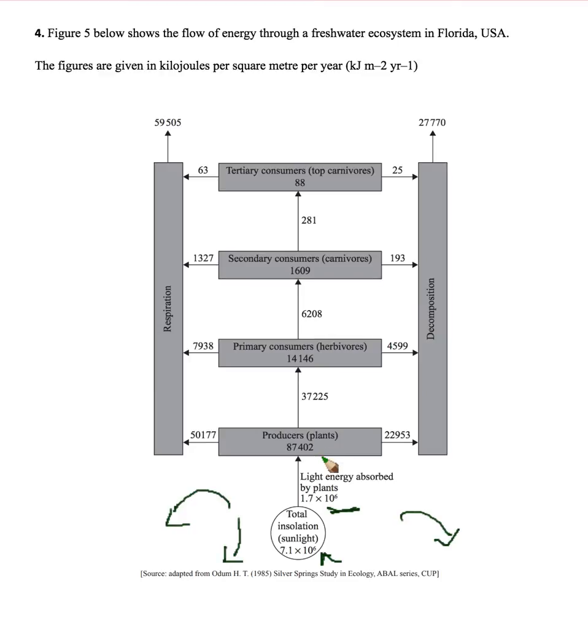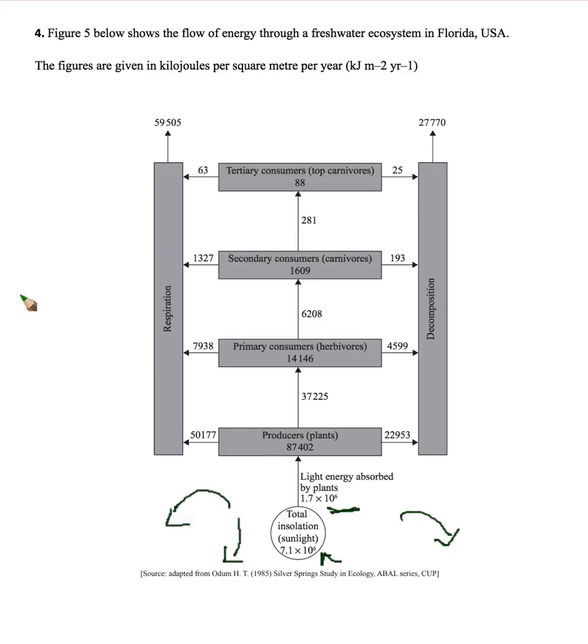And then some of the plants get eaten by primary consumers, and some of the plants die and be decomposed, and then some of the energy is lost to respiration. In fact, quite a lot, right? Because remember, only 10% is ever passed on to the next level in the food chain. So that's what we've got there.